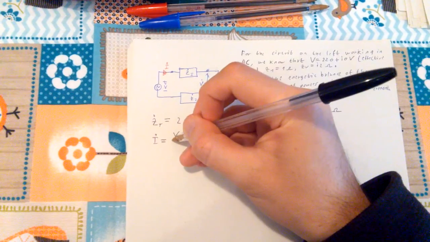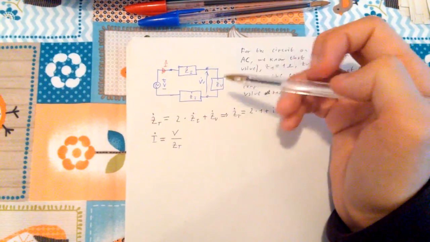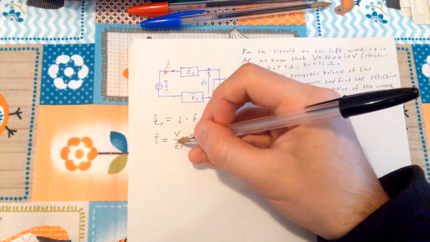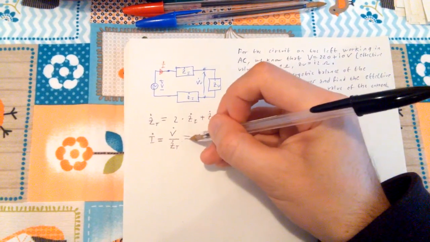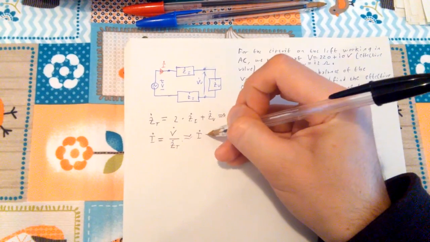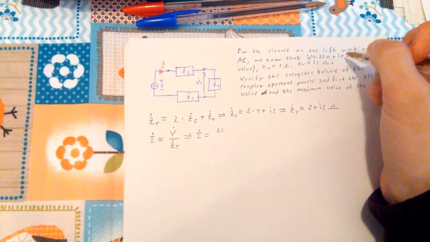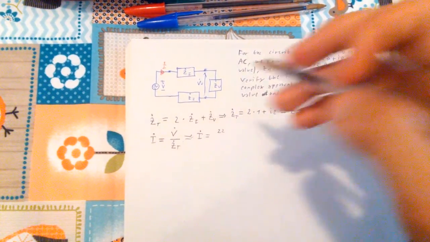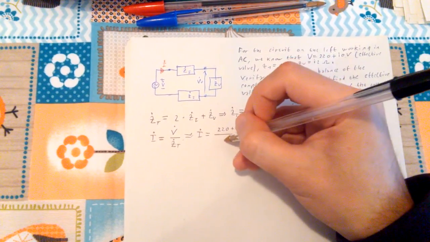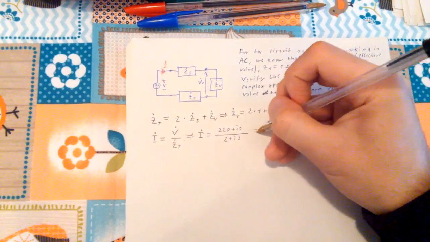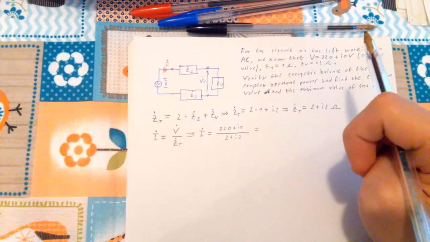So the current is the voltage over the resistance, which in this case is the total impedance. As I said, you can treat impedances like resistances. So I is 220 plus i0 over 2 plus i2.